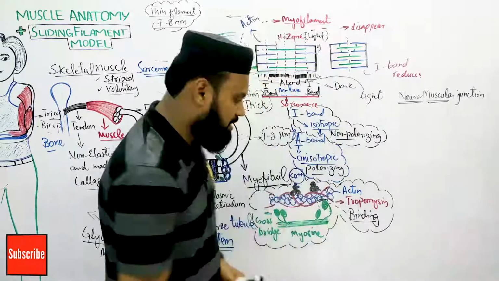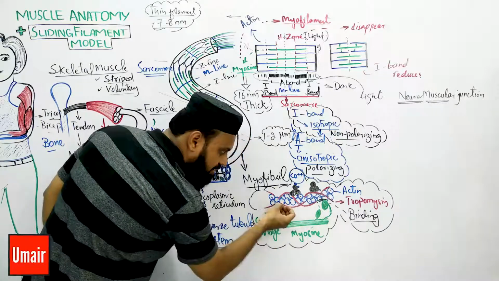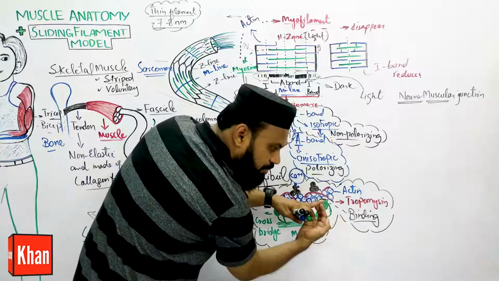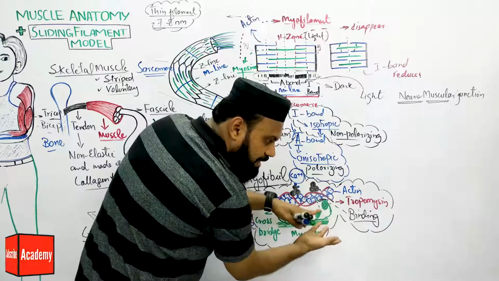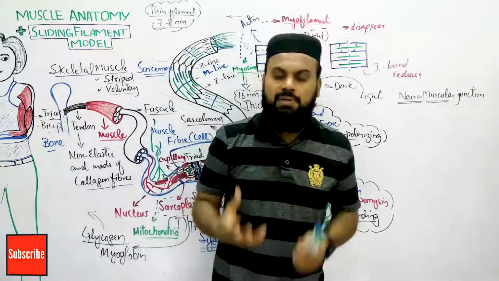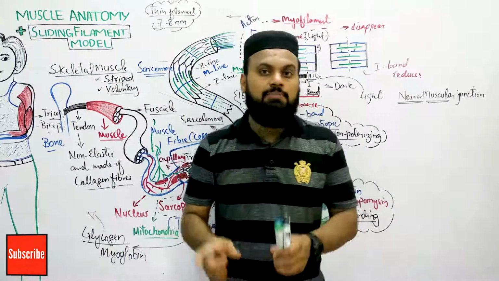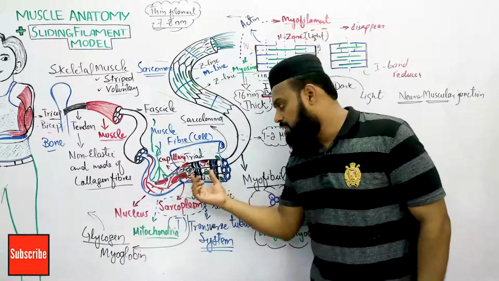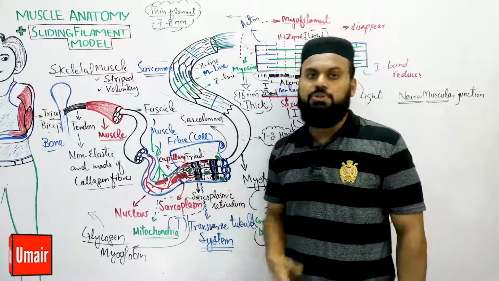When these cross bridges are pushing the actin towards the middle, then they have to relax. It means that the bridges should be detached and again make a contraction. So this kind of effort needs ATP, adenosine triphosphate. You know, the ATP comes from glucose, as glucose is broken down with the help of mitochondria to produce energy.